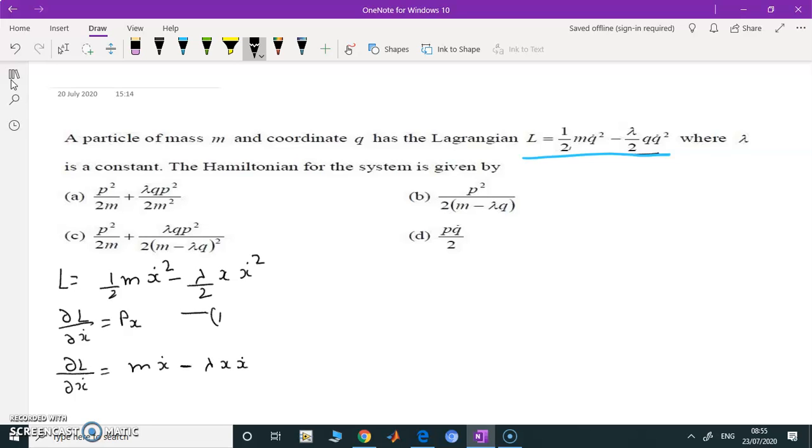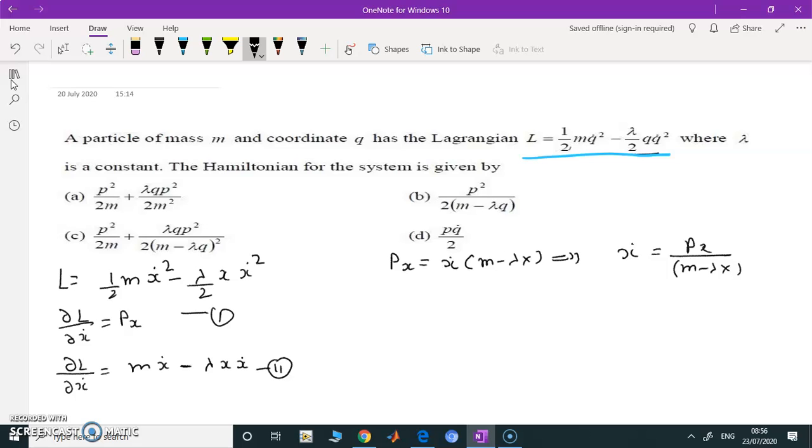So this is equation number 1 and this is equation number 2. From equations 1 and 2, Px is equal to m x dot minus lambda x dot, with x dot common, so m minus lambda x. So from here your x dot will be Px upon m minus lambda x.